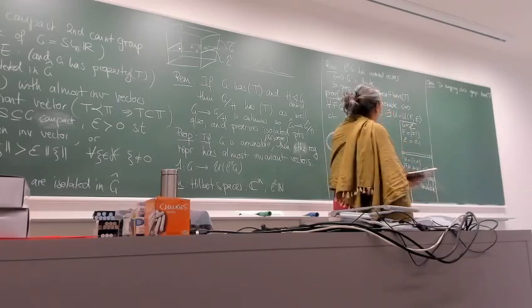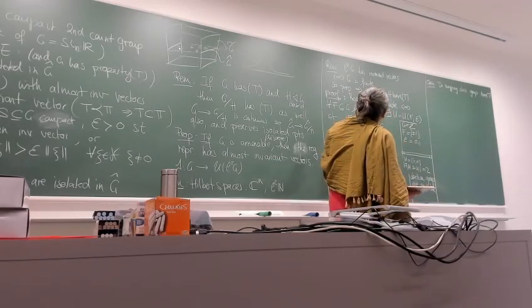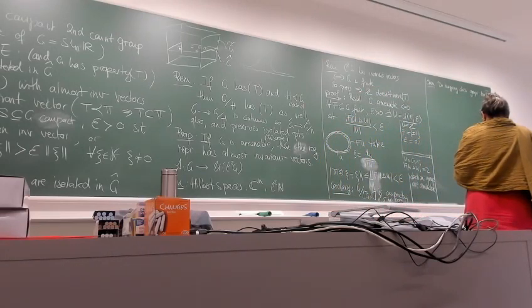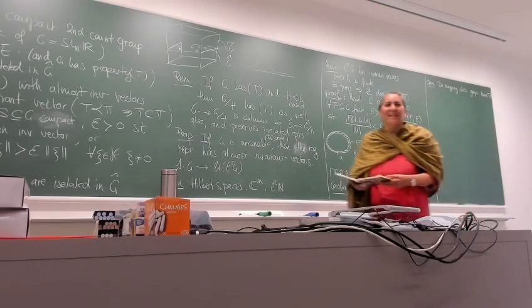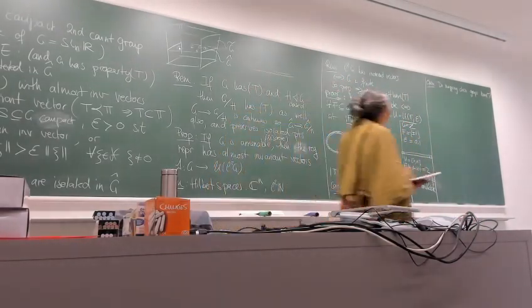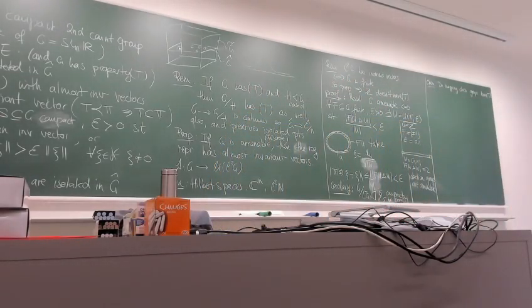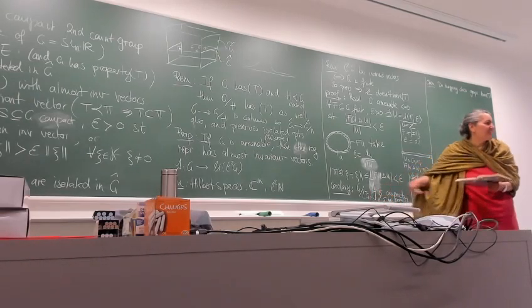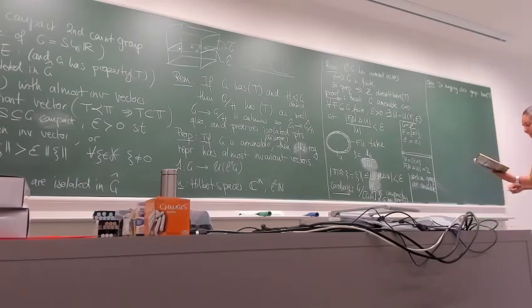Okay, so that's a way of telling that a bunch of groups don't have property T. Because if you know that all the quotients are finite, if you know that all abelianizations are finite, it's not enough to deduce property T. Okay, question?